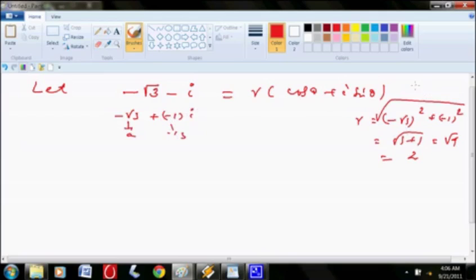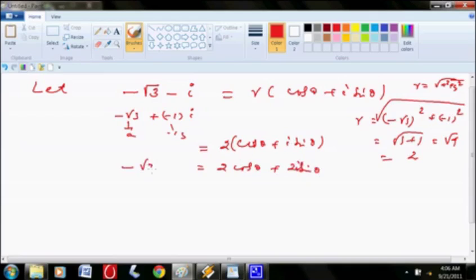Modulus is square root of a square plus b square. Now this is negative, this is negative. Anyway, so r is 2. It's 2 into bracket cos theta plus i sin theta. So this is 2 cos theta plus 2 i sin theta.